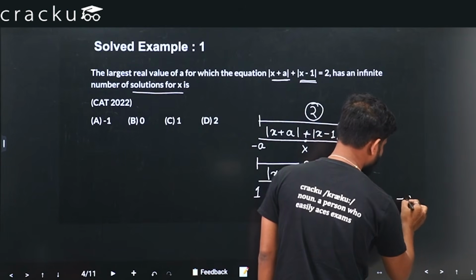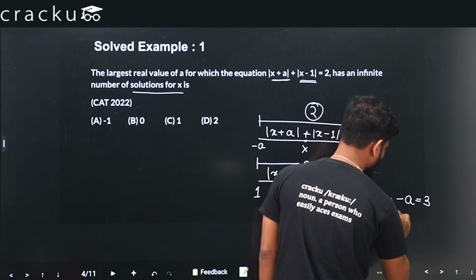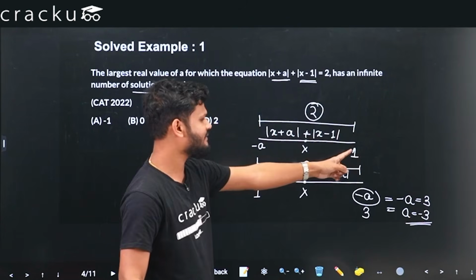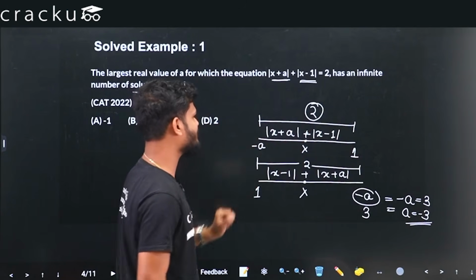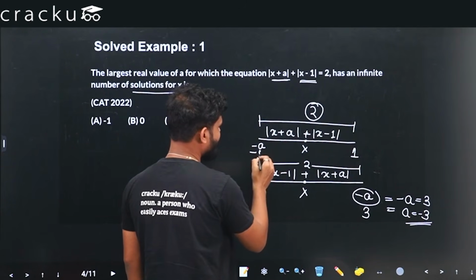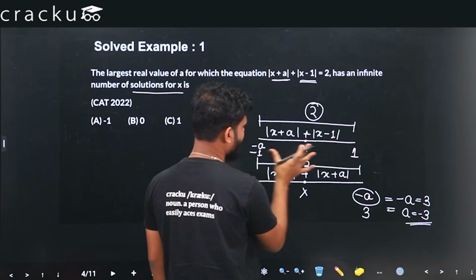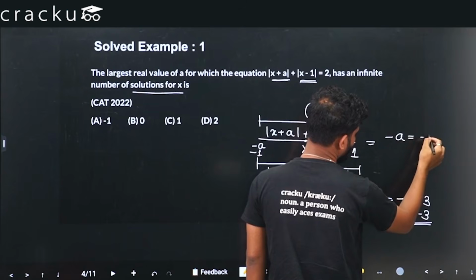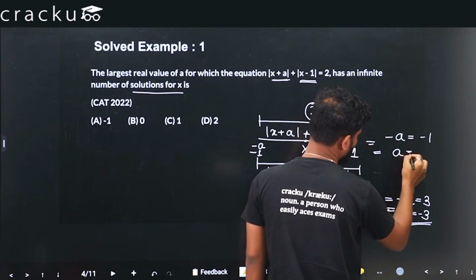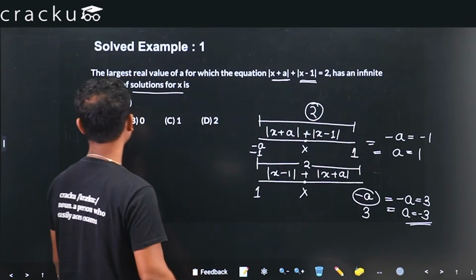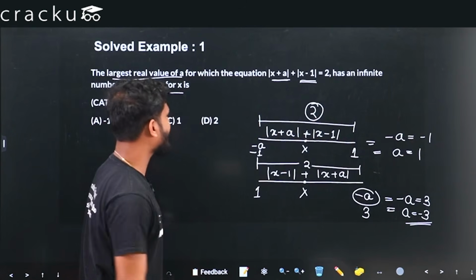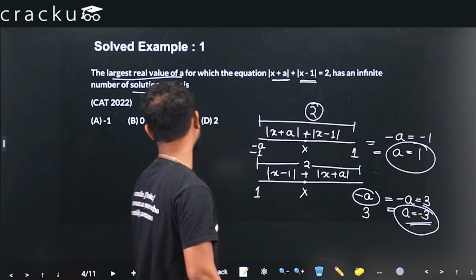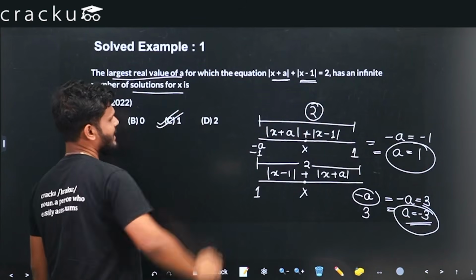So from here I can say minus a is equal to 3, or a is equal to minus 3. From here, if this is 1 and minus a is less than 1, this should be equal to minus 1. Then only the distance between 1 and minus 1 will be 2. So minus a is equal to minus 1, or a is equal to 1. What do we want? The largest real value of a. Which is the largest among 1 and minus 3? 1 is the largest. So C is the correct answer here.